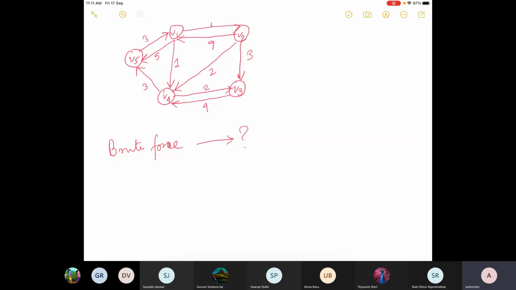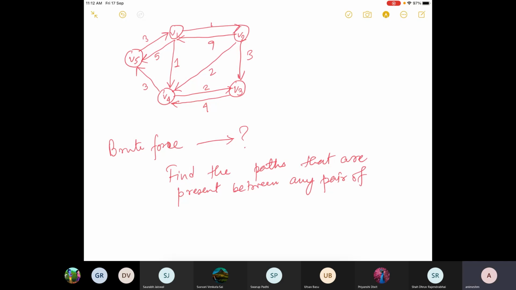The brute force is to find the paths that are present between any pair of vertices, and from there choose the shortest one.